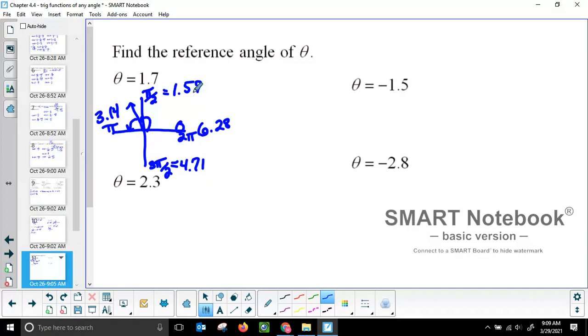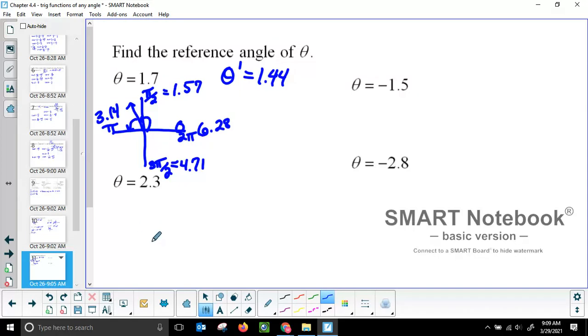I'm at 1.7, and I need to get to 3.14. So how far do I need to go? 1.44, because 1.7 and 1.44 equal 3.14. Does that make sense?